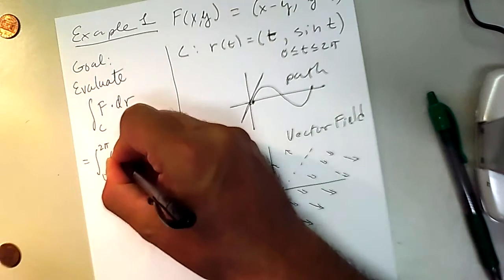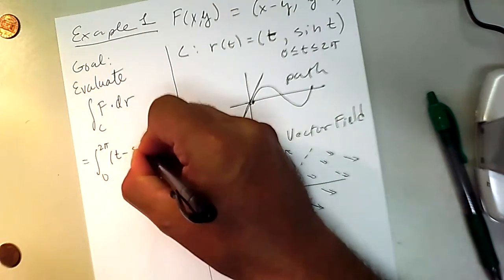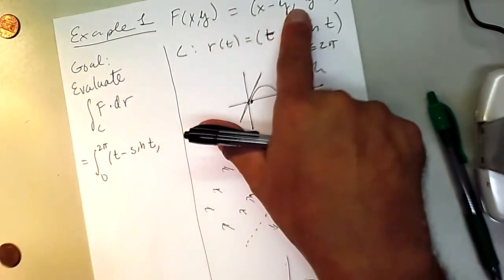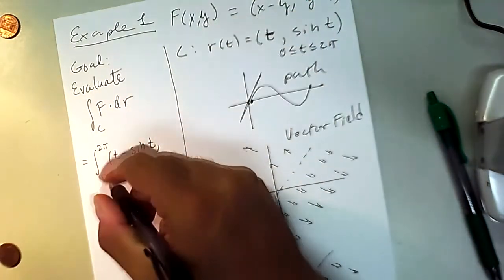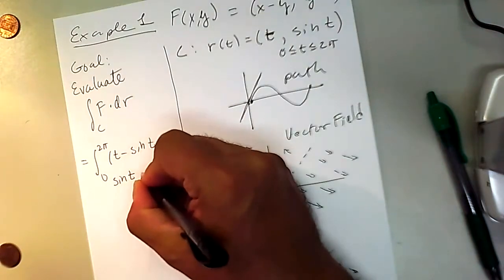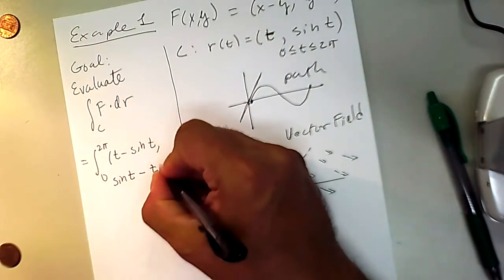t minus sine of t, comma, because we have a vector, comma, and then the reverse, sine of t minus t, close the parenthesis.